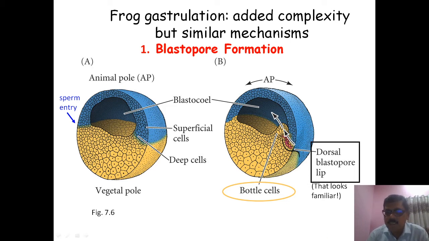The shape of these cells changes and these cells become bottle shaped cells. And this is the first step, the blastopore formation, or the formation of the opening, and this blastopore is going to form the anus in frog, as frog is included under the deuterostomes.